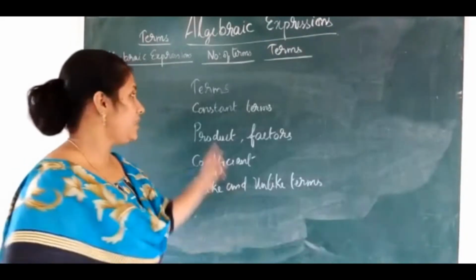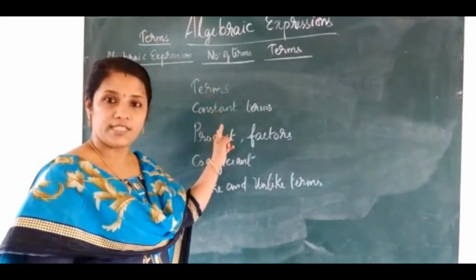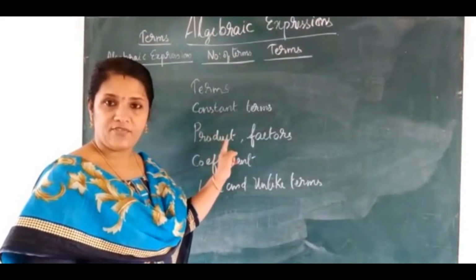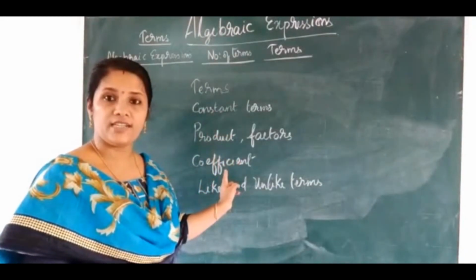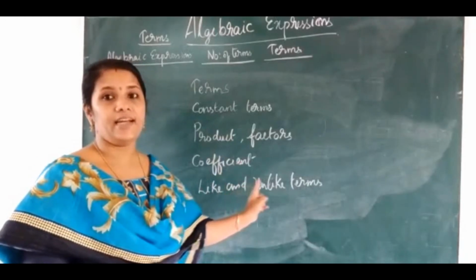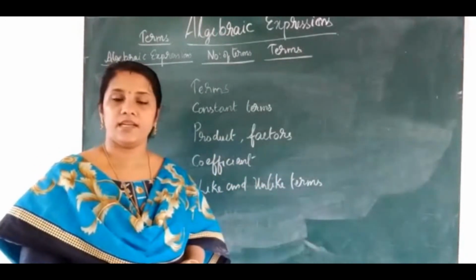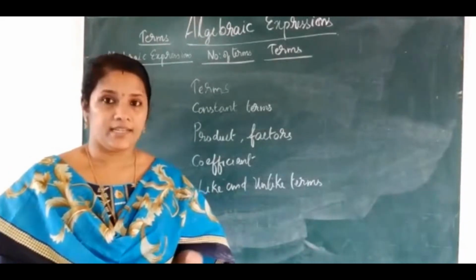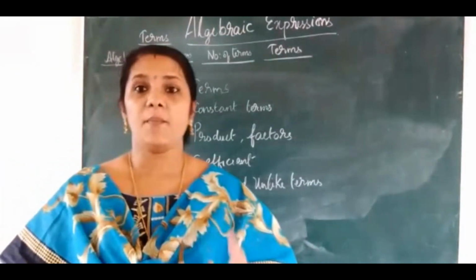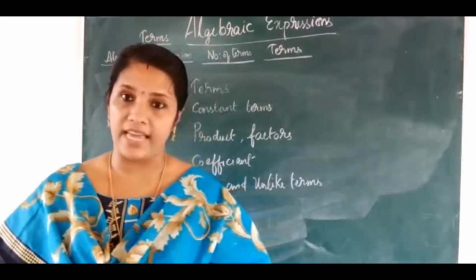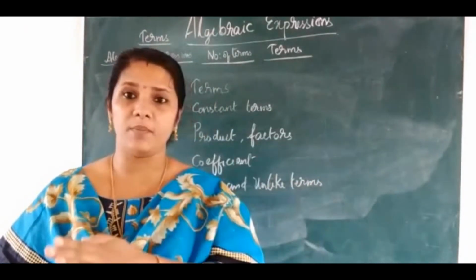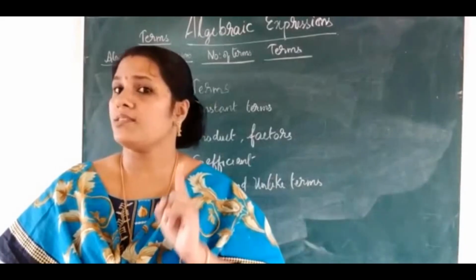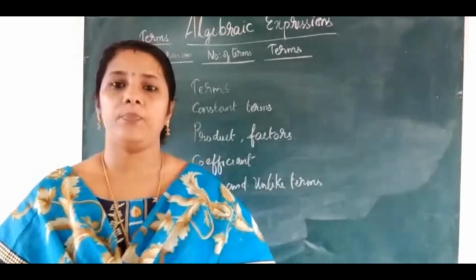We have learned terms, constant terms, product and factors, coefficients, and like and unlike terms. Let's revise again. What are terms? Terms are the various parts of the algebraic expression, separated by addition or subtraction only.